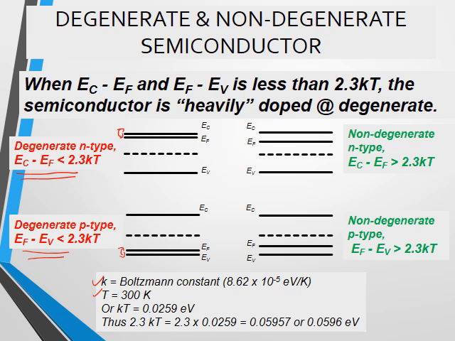Thus 2.3 kT is 2.3 times 0.0259, which is equal to 0.05957 or 0.0596 electron volt. So if Ec minus Ef is smaller than 0.0596 electron volt, the material is degenerate n-type material. If Ef minus Ev is smaller than 0.0596 electron volt, the material is degenerate p-type material.